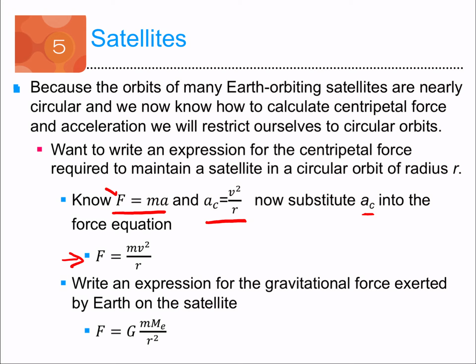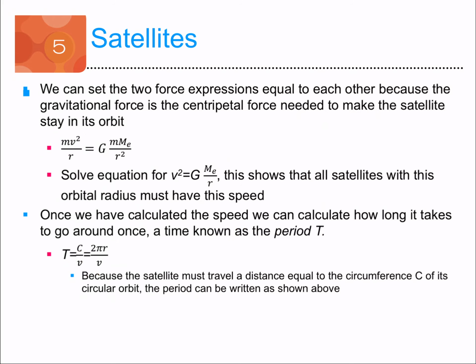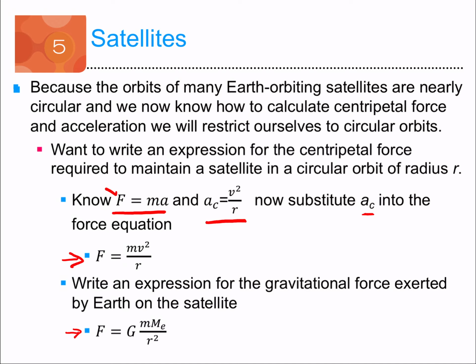Now, we've talked about gravitational force, and we know we have this formula: force is capital G, m, in this case our m2 would be the mass of the Earth, over r squared. So what we can do is set the two forces equal. By the two forces, I mean this force and this force.